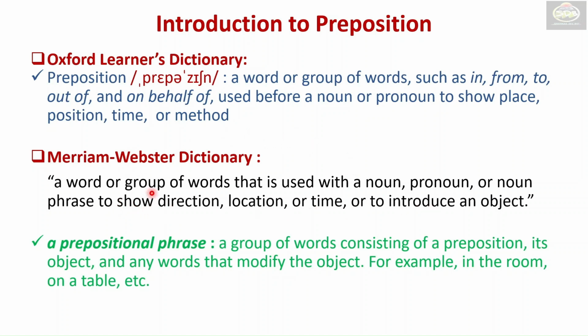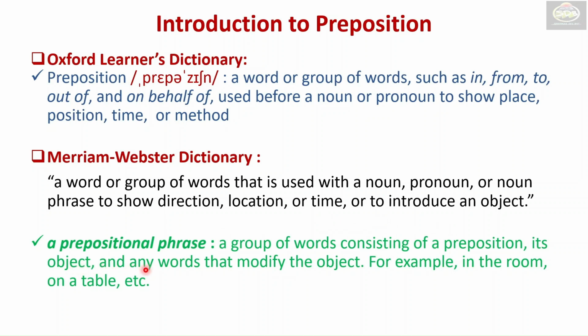Merriam-Webster Dictionary defines a preposition as a word or group of words that is used with a noun, pronoun or noun phrase to show direction, location or time or introduce an object.